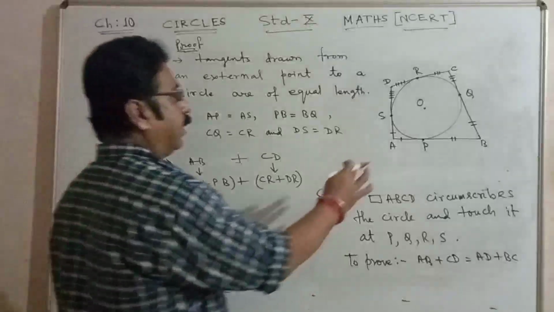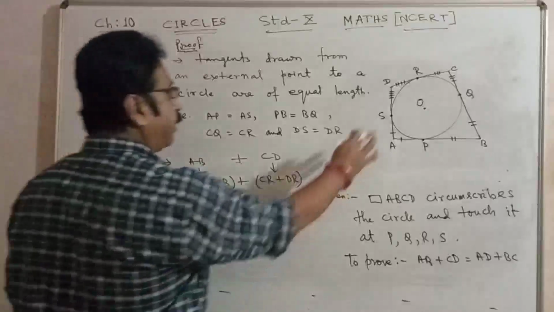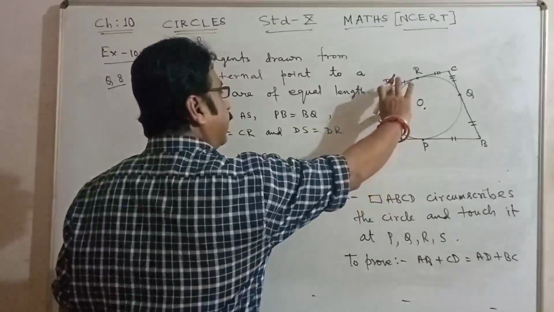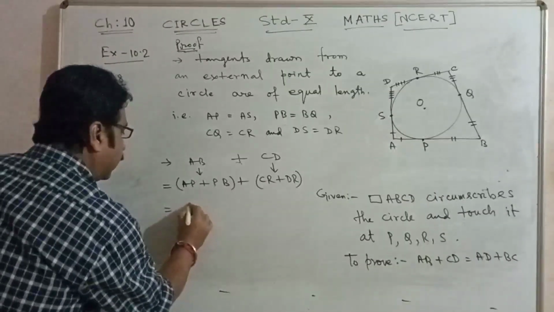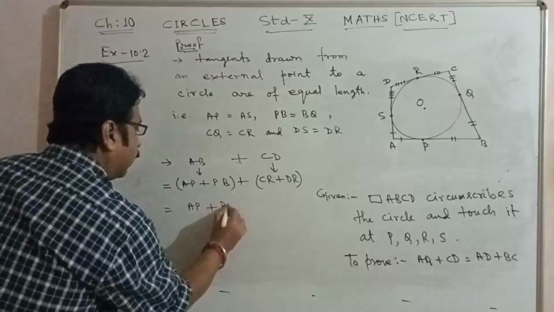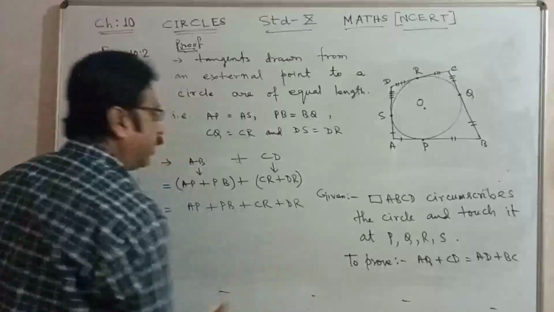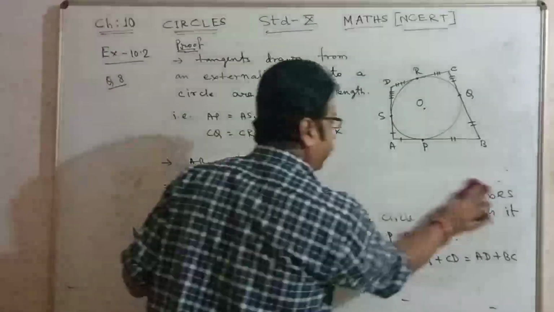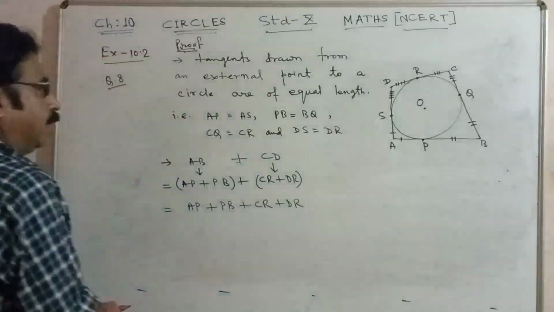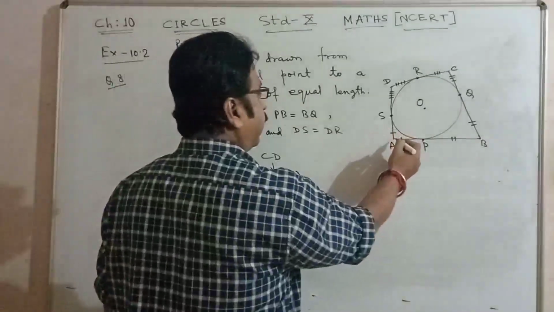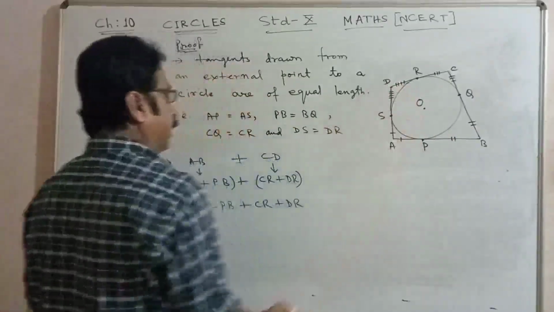We have to get the parts of AD and BC. What are the parts of AD? AS and DS. Let us open the brackets first: AP plus PB plus CR plus DR. We are trying to get AD plus BC.